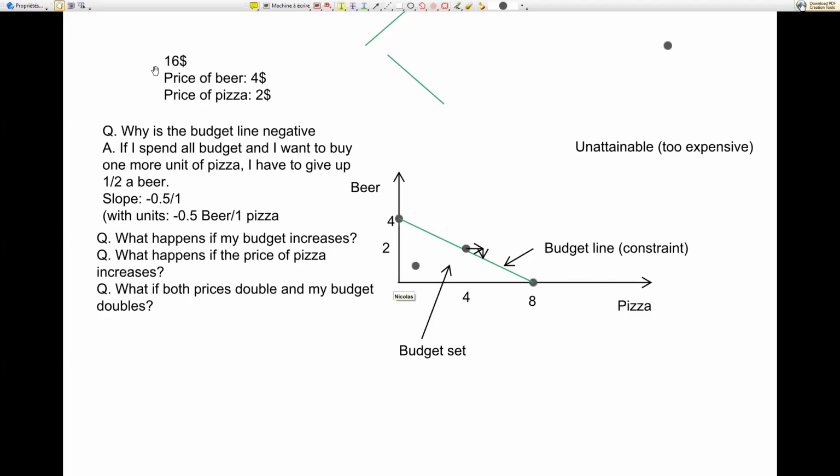I take all my budget and only consume beer, and I get 16 divided by $4, the price of beer, and I get that I can consume at most 4. And then my budget set is going to be defined with this budget line here, which are all the combinations of beer and pizza which allow me to spend everything.